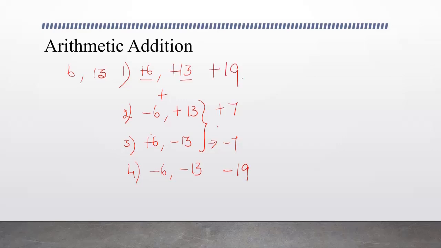This process requires the comparison, then performing either addition or subtraction. We added the numbers 6 and 13 in both these cases, and in the cases where the signs are different, we subtracted. So the operations we performed here are comparison, addition, and also subtraction.